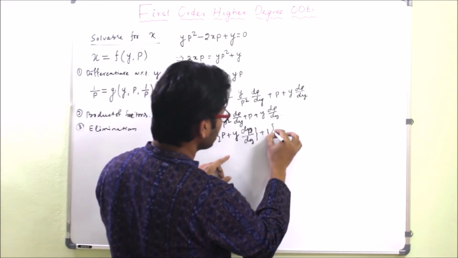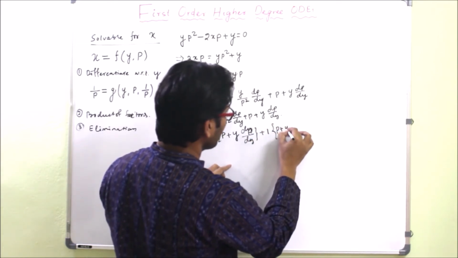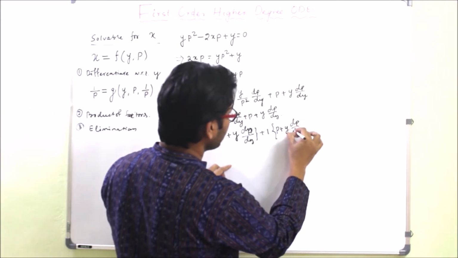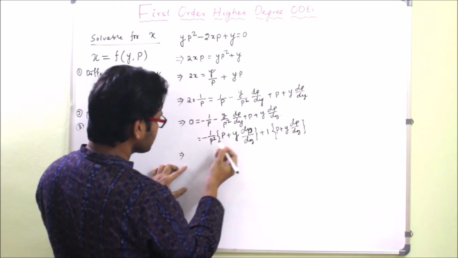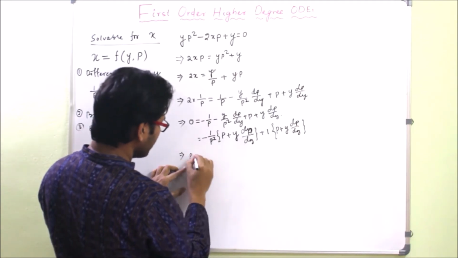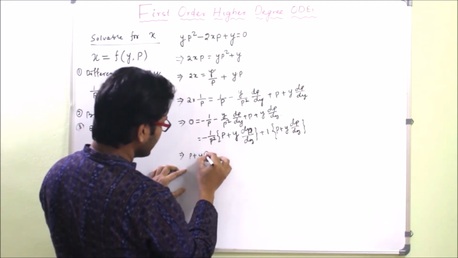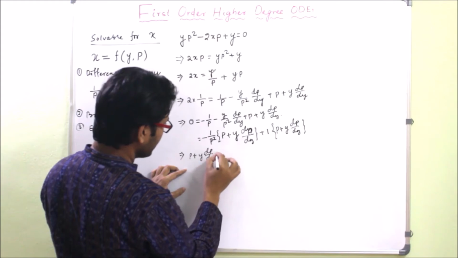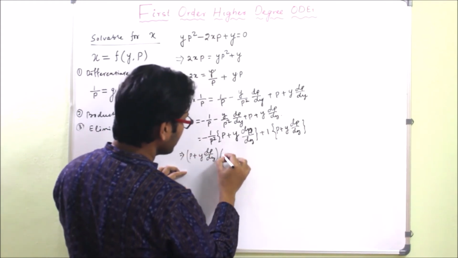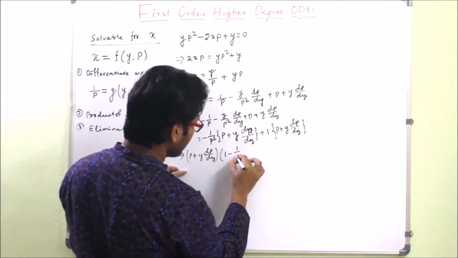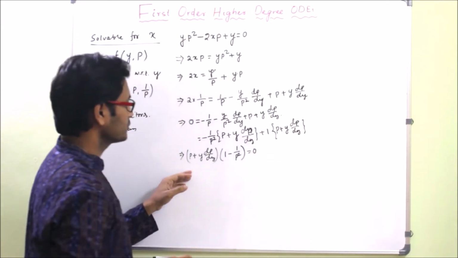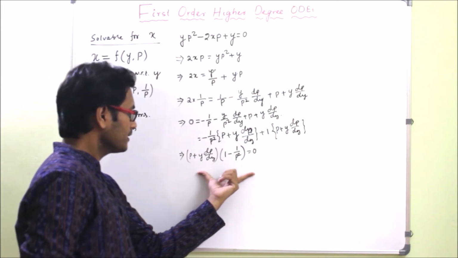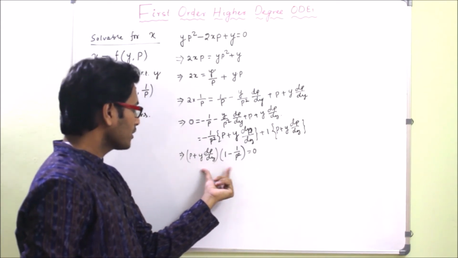Plus, taking 1 from the last two terms, inside it is p plus y dp by dy. So finally we got p plus y dp by dy, whole into 1 minus 1 by p square, equal to 0. So we got the product of these factors.